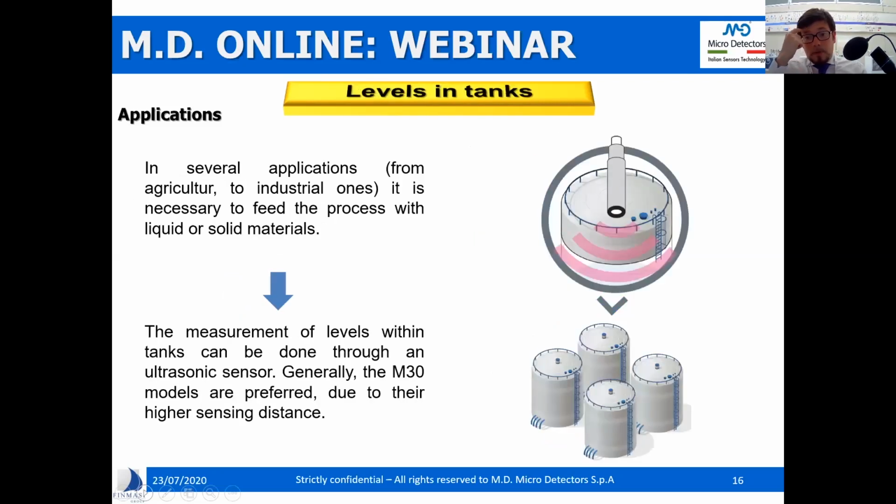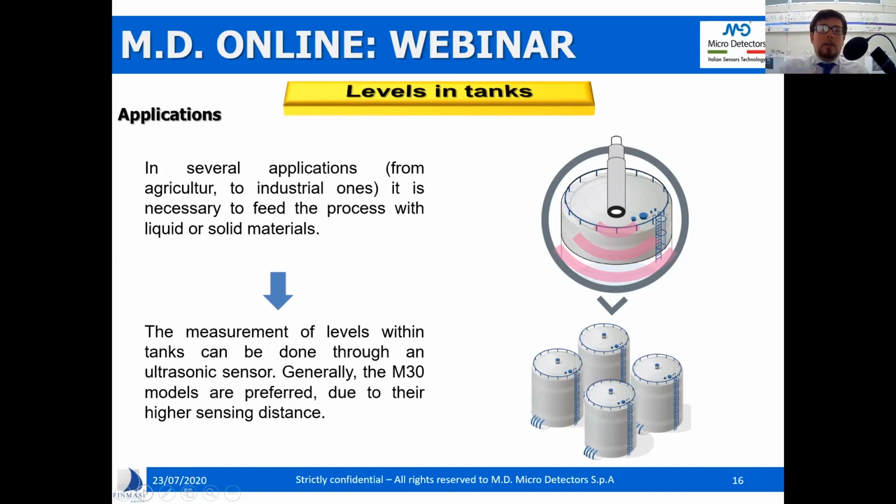Another application, which is a general application we want to show you, is related to levels in tanks. It's a traditional application we have with ultrasonic sensors. In fact, within a tank, you can, on the one side, detect the level of a material, let's say a liquid material, between 2 points, the minimum and the maximum one, and you can do it with a digital output with the 2 working points.